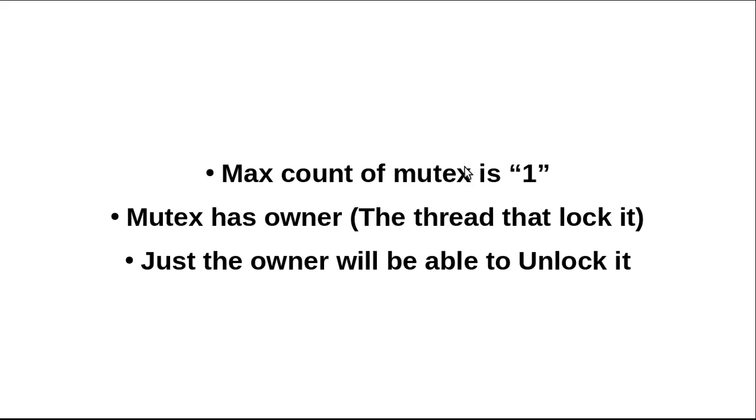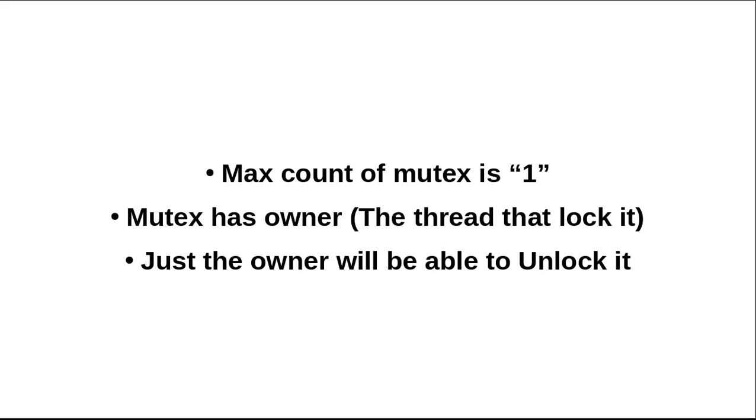You can't have a count greater than 1. Mutex has 2 conditions, unlock or lock. So the maximum count is 1. You can't have a Mutex with a count of 5. This is the first difference.